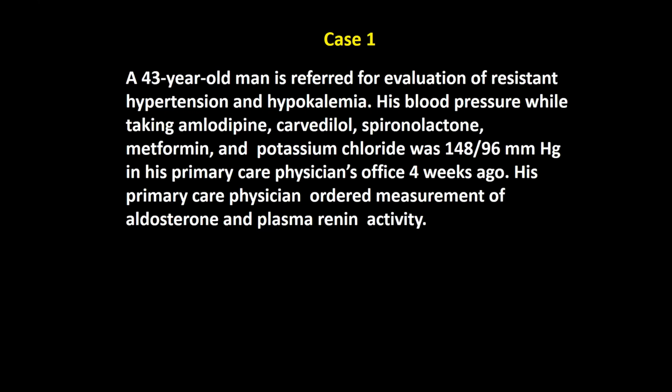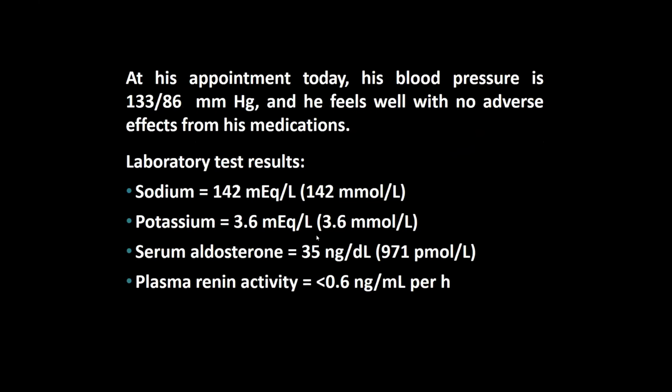So first case is a 43-year-old male who's been referred for evaluation of resistant hypertension and hypokalemia, and he takes amlodipine, carvedilol, and spironolactone. He's also on metformin and potassium, and he's got a blood pressure of 148/96. And so he's had his aldosterone and renin activity measured by his referring physician.